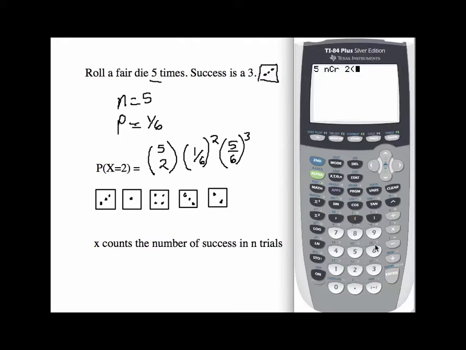And then times 1 divided by 6, close parenthesis, squared, times parenthesis 5 divided by 6, close the parentheses, to the third, okay? And enter, and it says that when I roll a fair die 5 times, I would expect to see a 3 in there twice in that set about 16.1% of the time, okay?